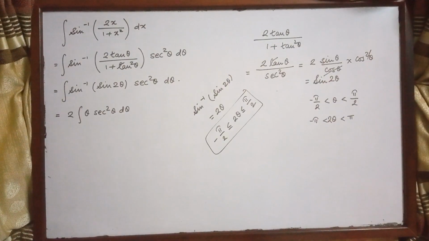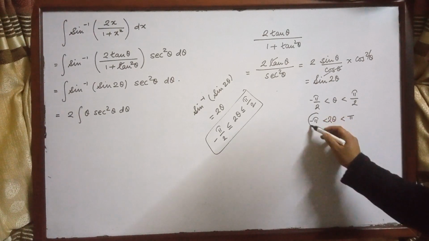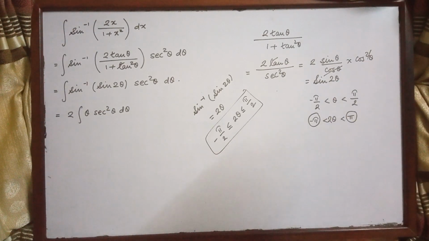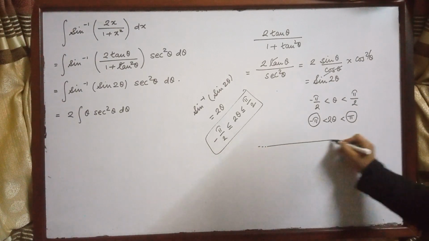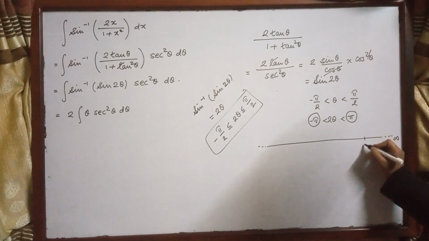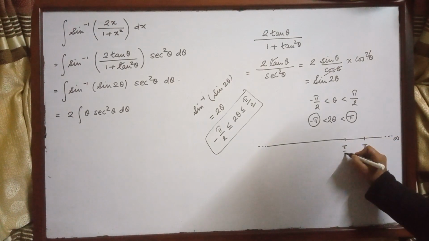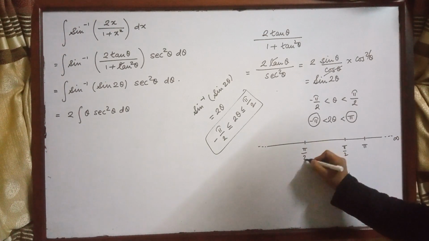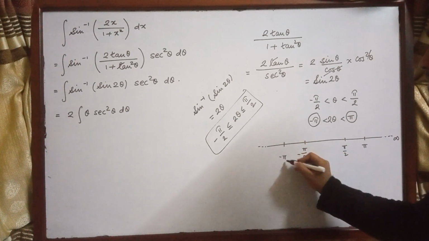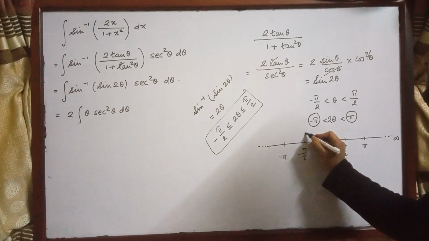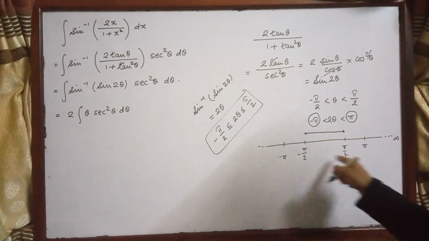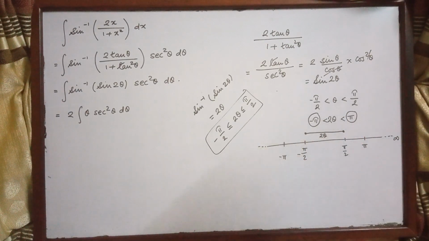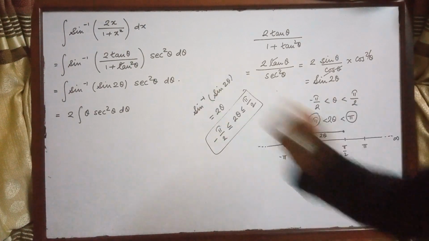Wait a minute. Okay, so where was I? Right. Twice theta can be between minus pi and pi. So it's a problem because, let's say pi is somewhere over here, pi over 2 is somewhere over here, minus pi over 2 will be somewhere over here, and minus pi will be somewhere over here. As long as twice theta is between these two values, it is okay to write that thing over there.